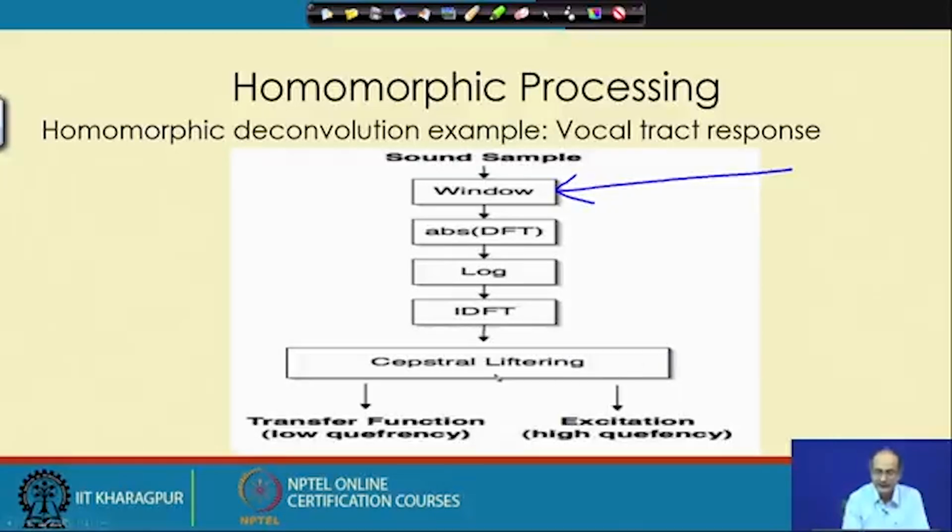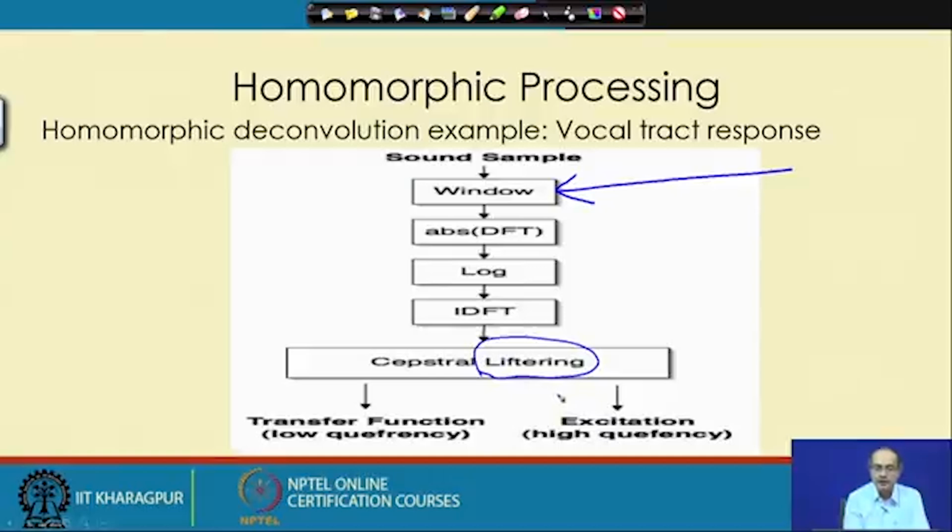Now, the filtering, we have a different term for that, we call it liftering. Again, the term filtering is jumbled here. It is called liftering. The first thing to note here is that we have not done the phase unwrapping, and we have not told it is the complex spectrum.